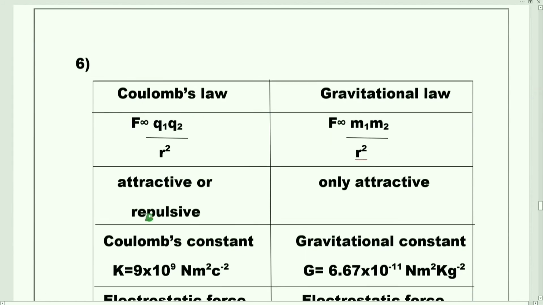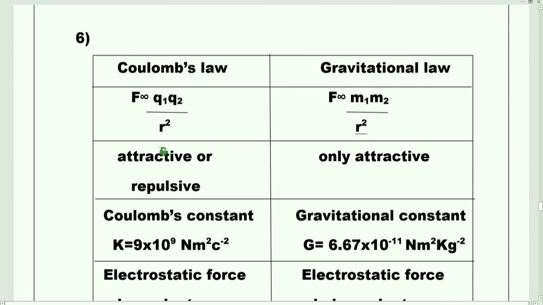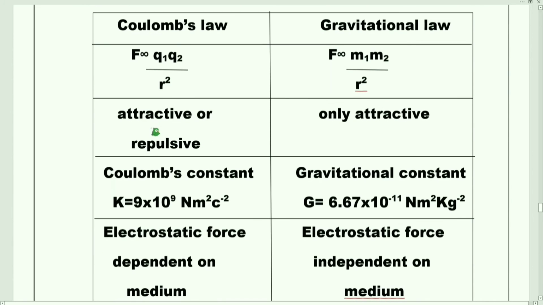Now we move on to the sixth aspect. The sixth aspect we are going to learn is comparing Coulomb's law with the gravitational law. We know the expression for Coulomb's law is F is proportional to Q1 Q2 by R square.